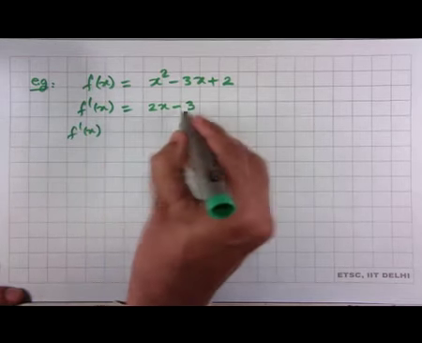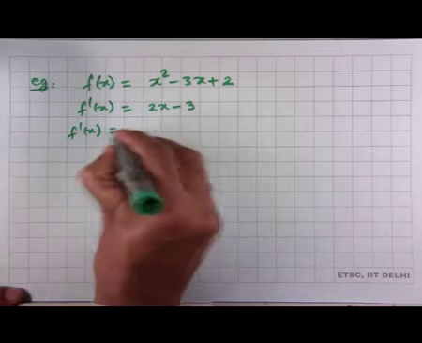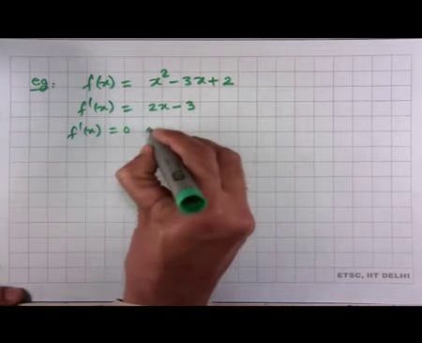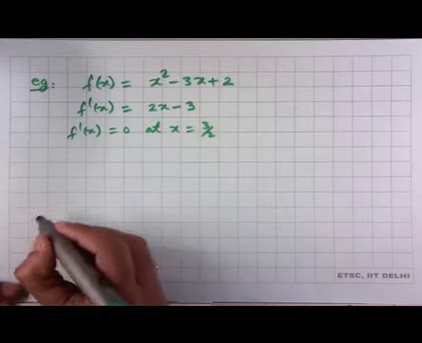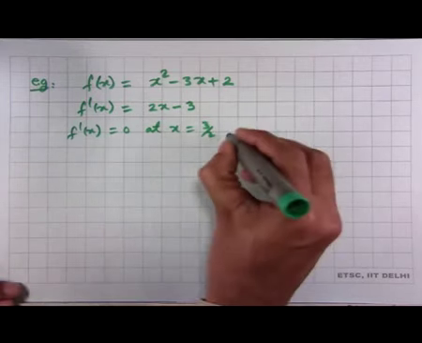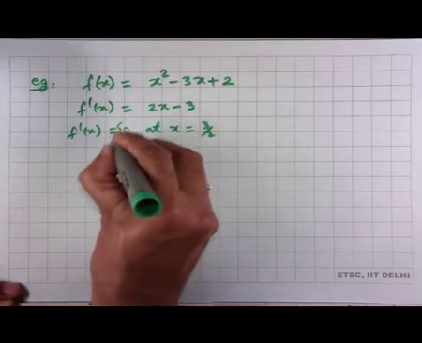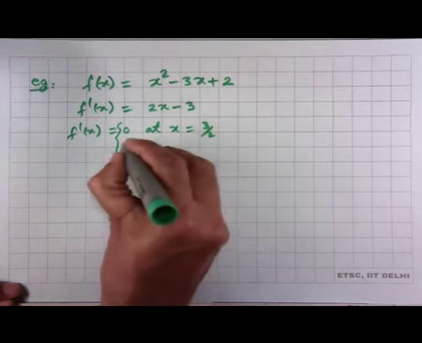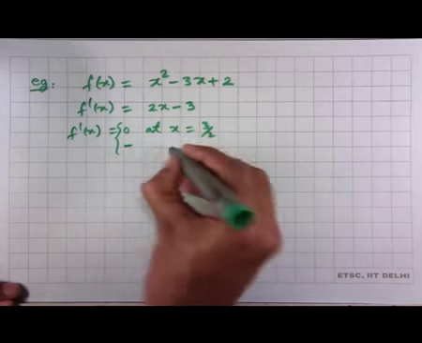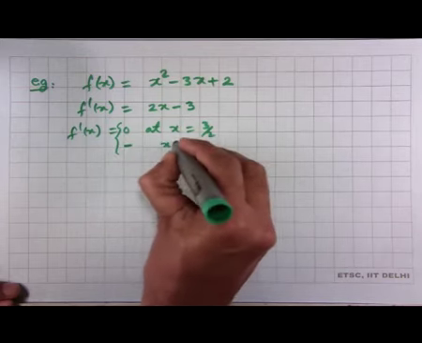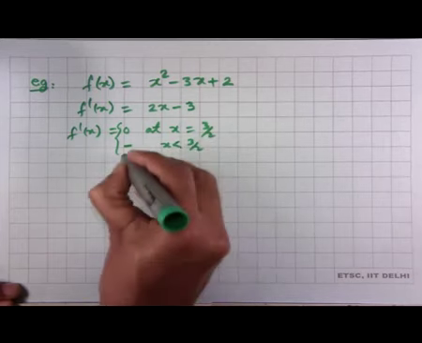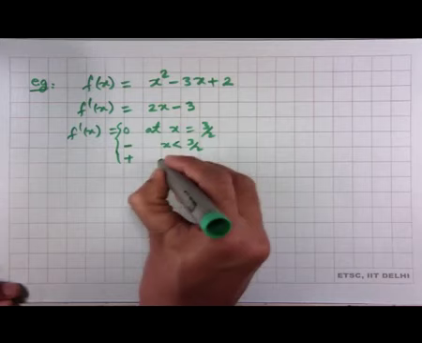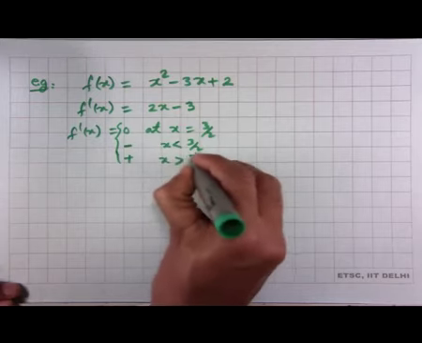You can see that 2x minus 3 is equal to 0 at x equal to 3 by 2, and this is negative if x is less than 3 by 2, and positive if x is greater than 3 by 2.